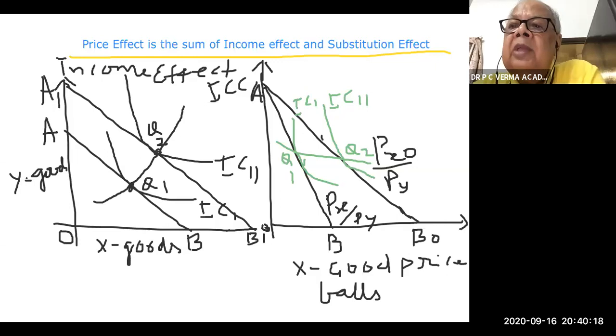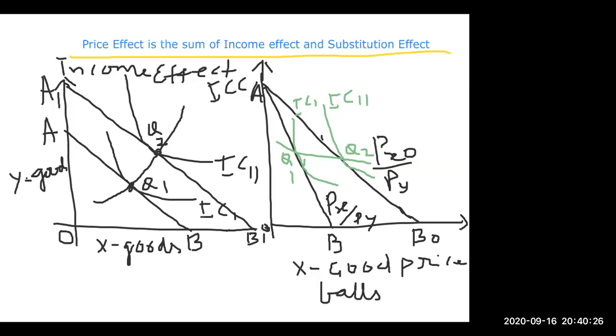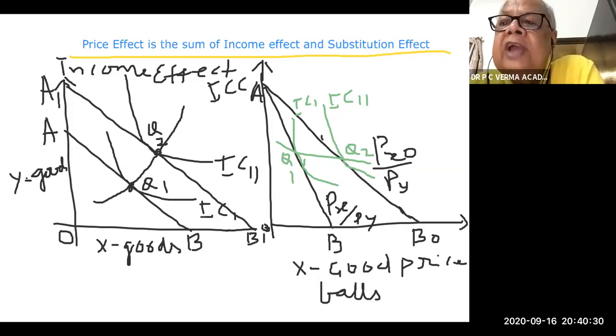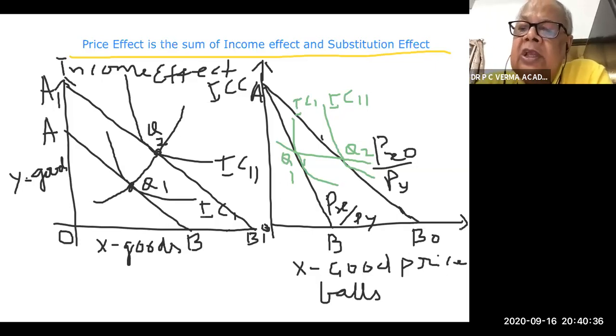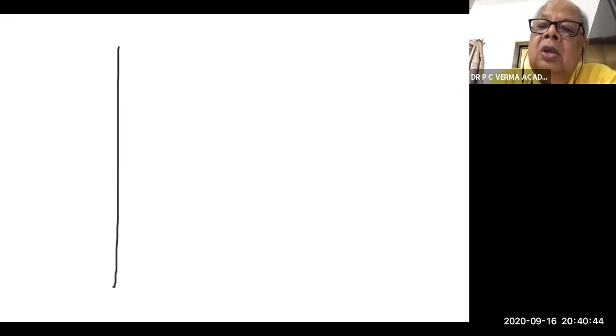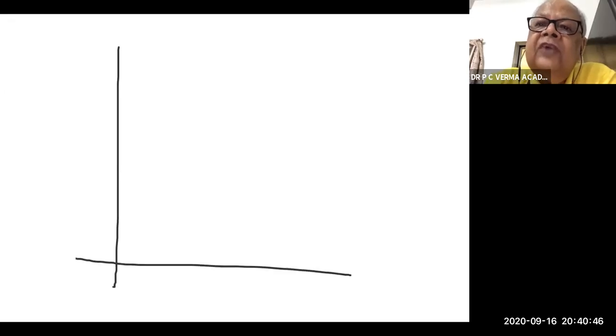When we mix these two diagrams, we will have one cross diagram inside that reflects substitution effect. We will show here substitution effect first.